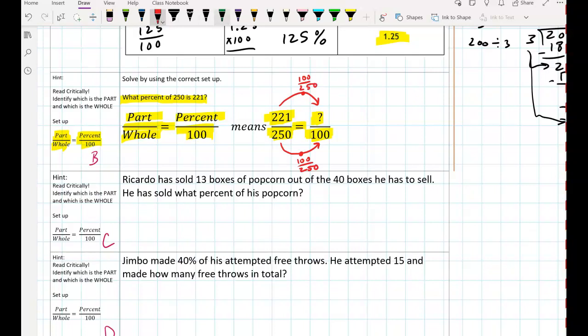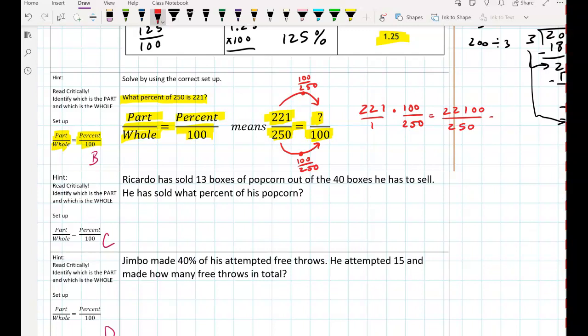So, then when I go over here, I have 221 times 100 over 250. I'm going to put a 1 under that. 221 times 100 is 22,100 over 250.